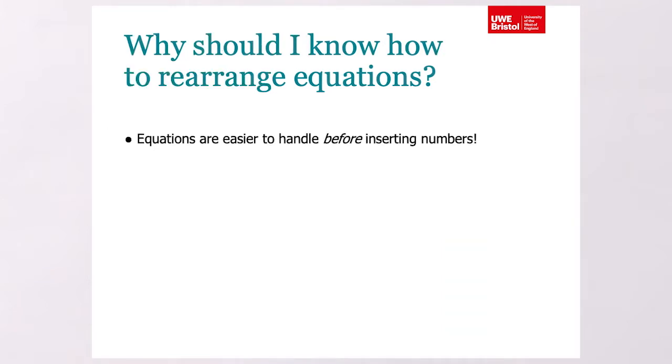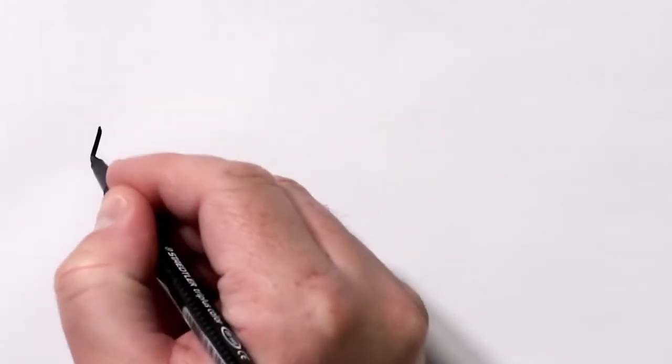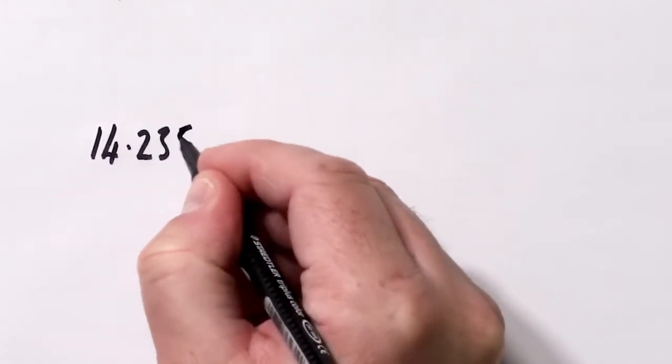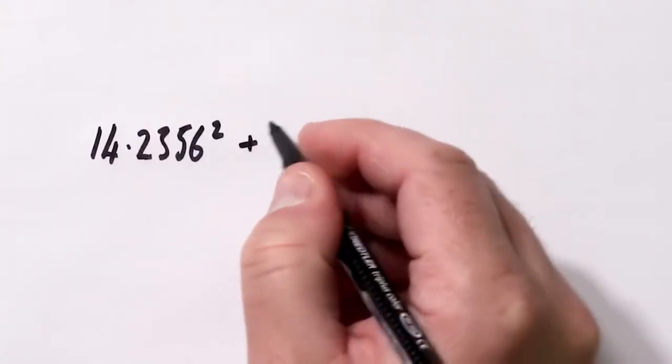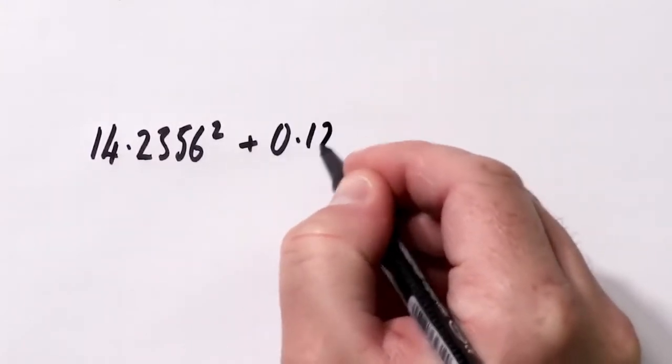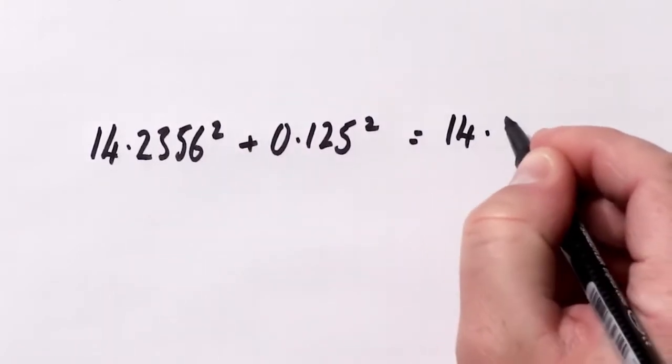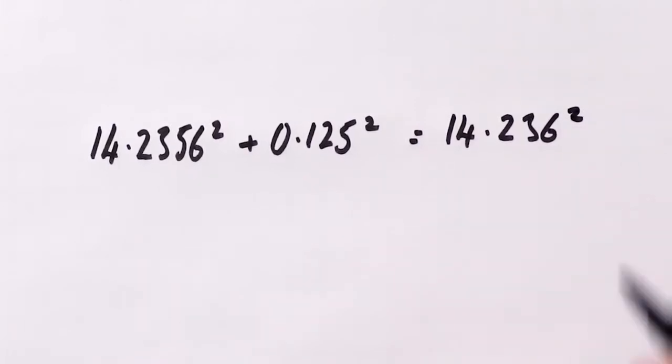So why should you know how to rearrange equations? Well, there are 3 really important reasons why it's useful to know. The first one is equations are much easier to handle before you put in the numbers. So let's just take an example of a calculation. If I'm doing the calculation 14.2356 squared plus 0.125 squared equals 14.236 squared.